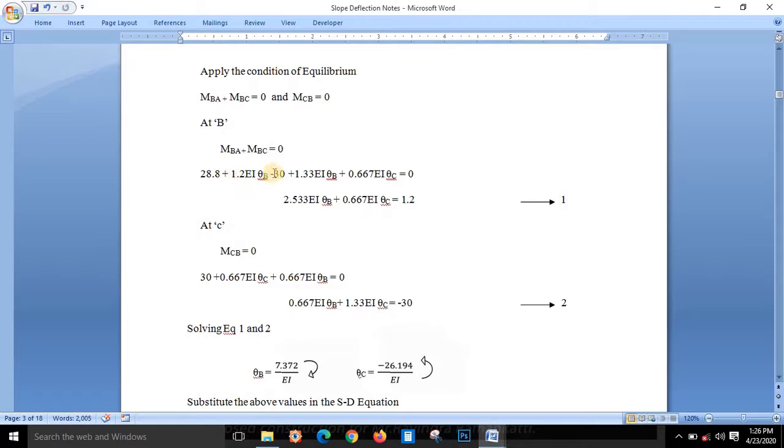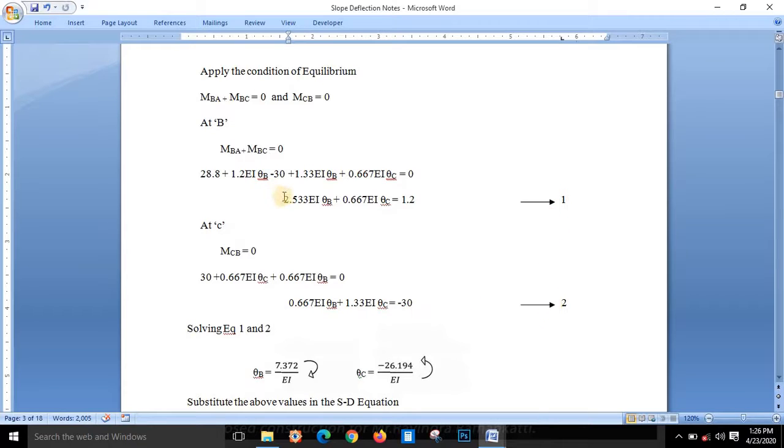I am going to keep the MBA equation as it is and the MBC equation as it is, and it is equal to 0. So this is equation number 1. At joint C, MCB is equal to 0. After substituting and resolving, I get equation number 2.